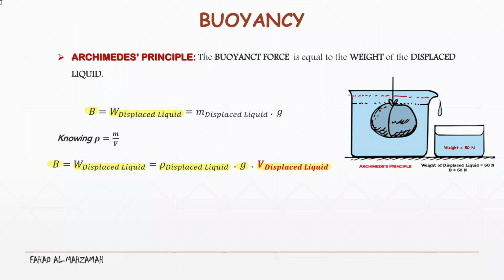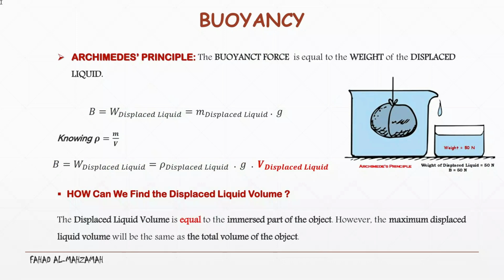So this amount, how to find this amount? Well, the question can be answered by understanding one point, that the displaced liquid volume is equal to the immersed part of the object.